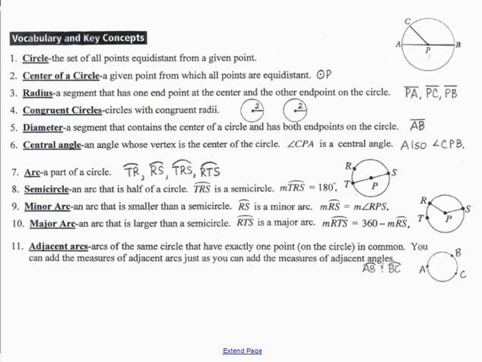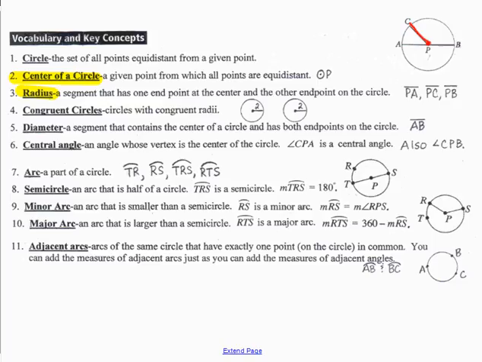Of course, you know what a circle is. Another thing that you need to know is the center of the circle. Center of the circle is just like it says, the very center. Then we have the radius. The radius of a circle is the distance from the center to the end point on the circle.